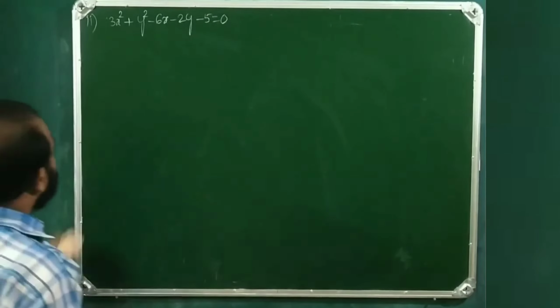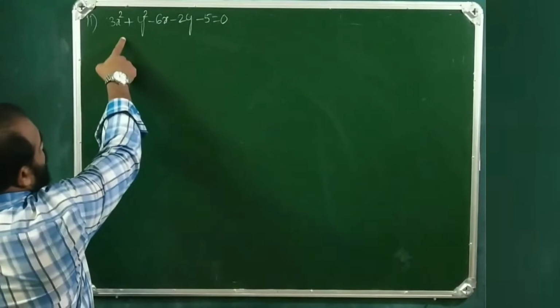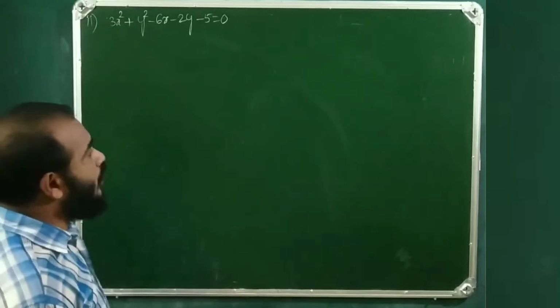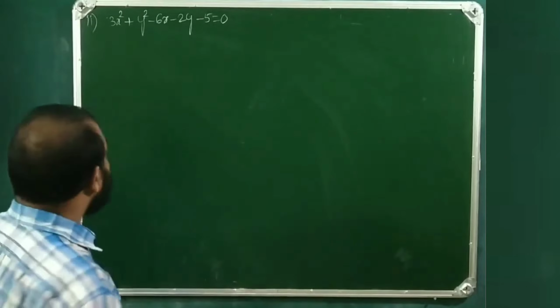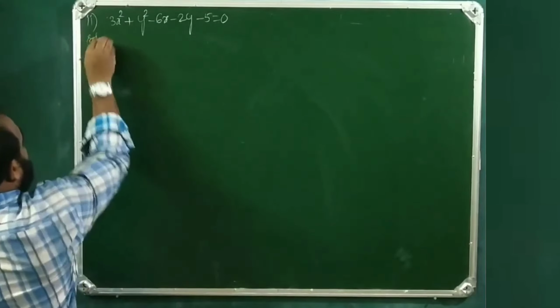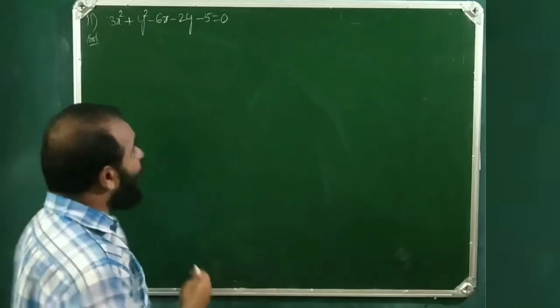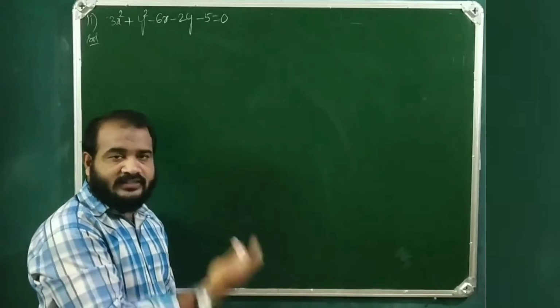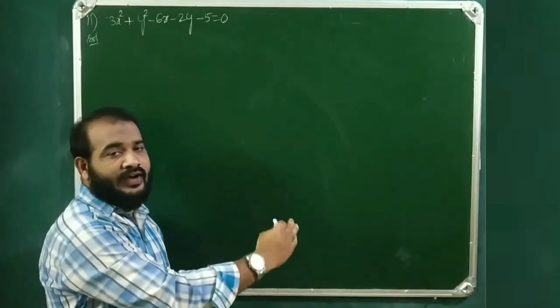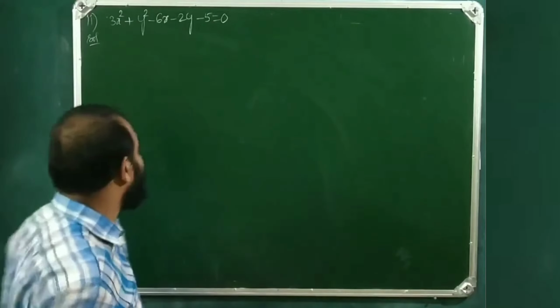Now the second part: 3x square plus y square minus 6x minus 2y minus 5 equals 0. As usual, let us keep all x terms on one side and y and constant on the other side.